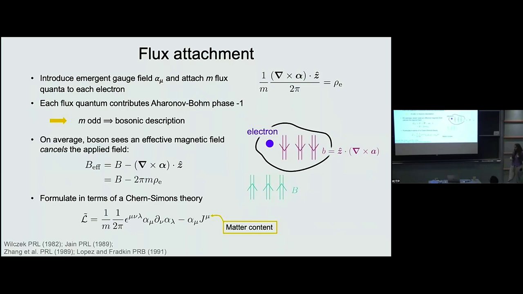So when m is odd, this would be consistent with the fact that these fractional quantum Hall plateaus are typically seen with odd denominators, like 1/3, 2/3, 3/5.